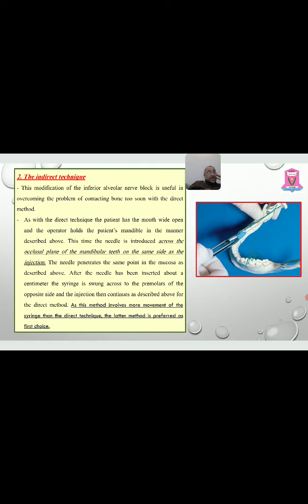The latter method is preferred as the first choice، لأن هاي الطريقة بيها تقدير حسابي أكثر. يعني أنت تعرف دخلت نص النيدل بعدين تفرها منها وتكمل للكونتاكت أوف بون. in the direct technique.